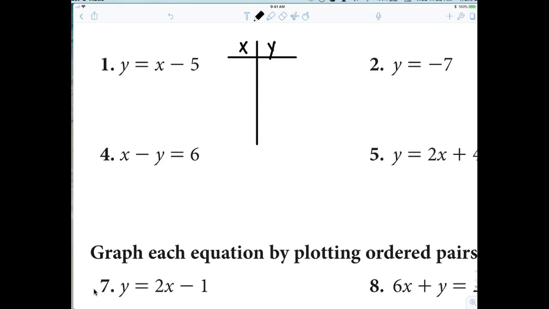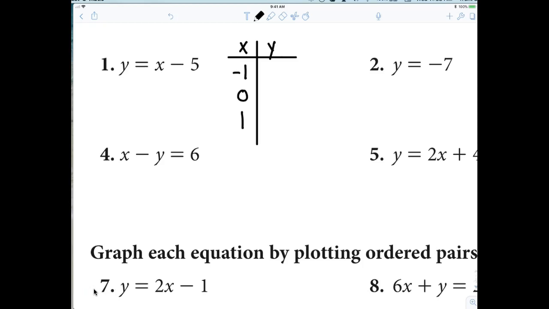Does everybody hear me on this now? All right. Now, to figure out the points that are on the graph, watch. I need you to always plug in -1, 0, and 1 for x.